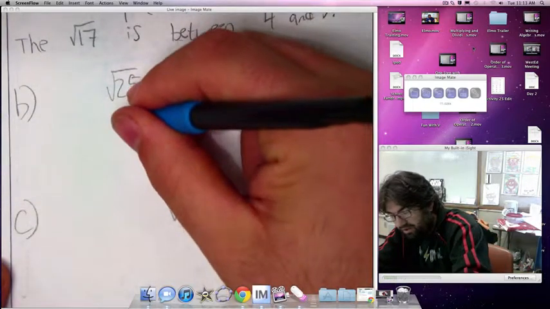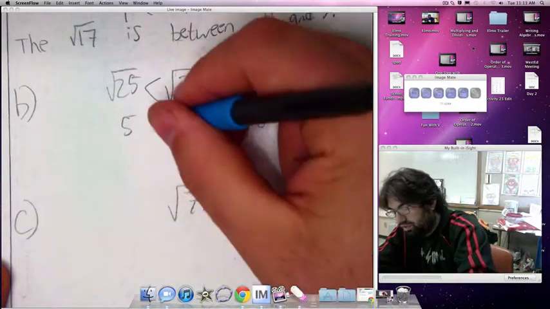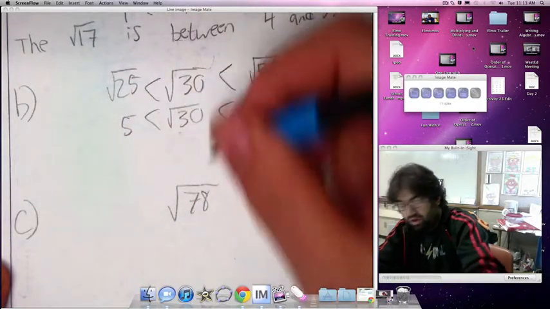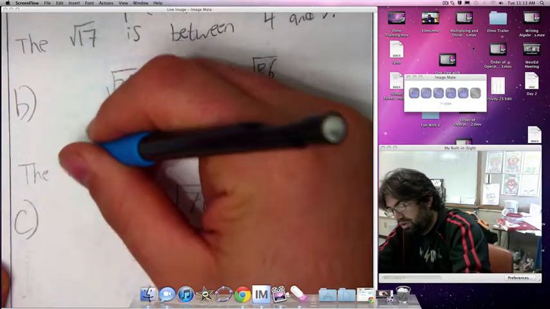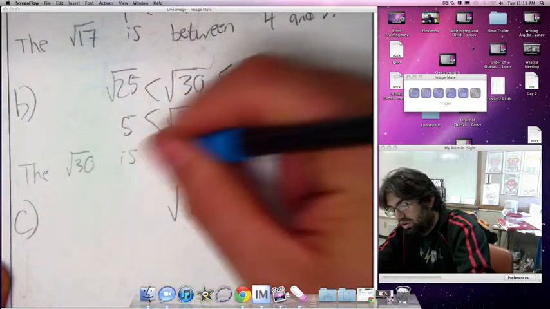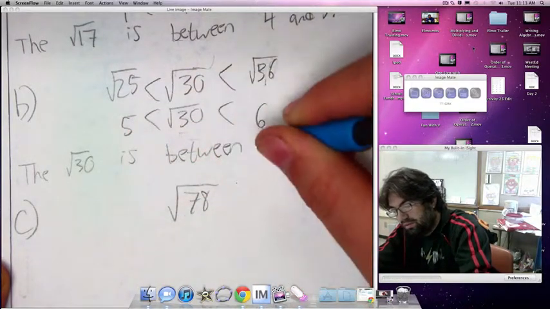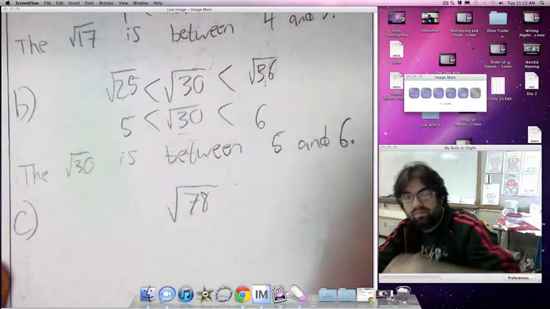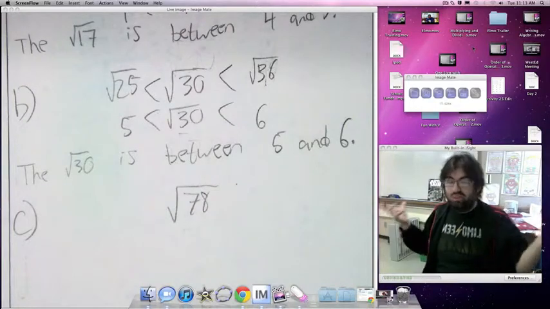Square root of 25 is 5. Square root of 36 is 6. So again, the square root of 30 is between 5 and 6. That's all there is to this question.